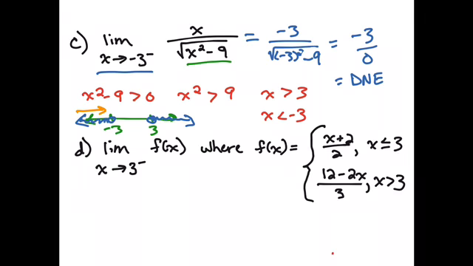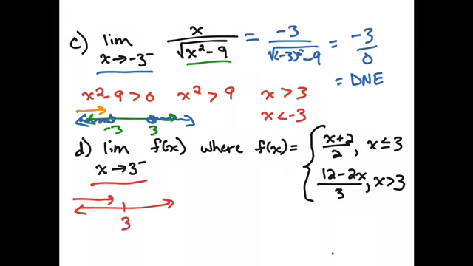Okay. The piecewise function, these are a little bit trickier. The left and the right now matters. So we're looking at what happens as I approach 3 from the left. Okay, well, on a number line, the left of 3 is over here.